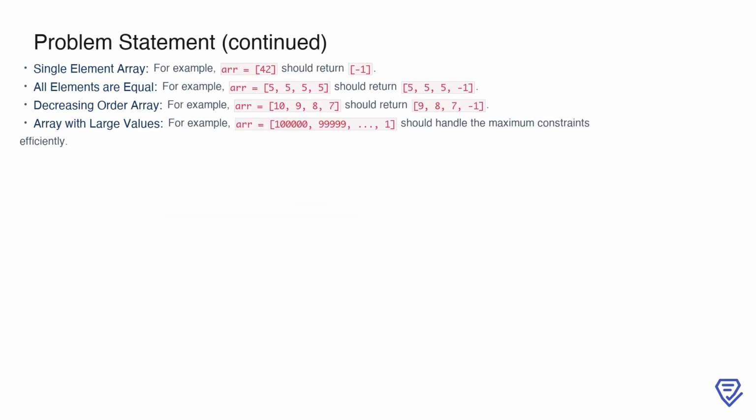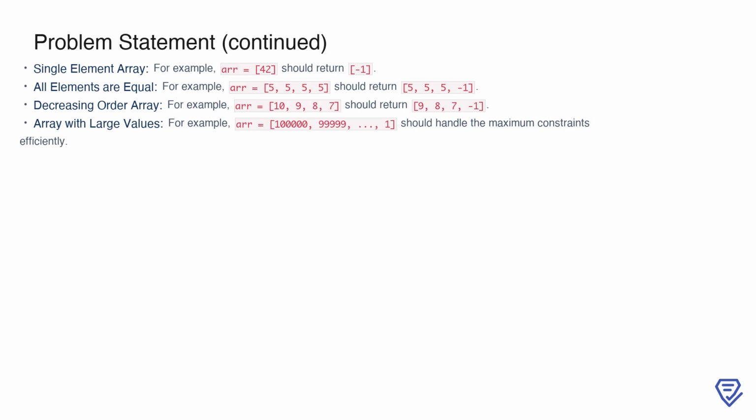Some edge cases to keep in mind include when the array contains only a single element. For example, if arr equals 42, the output will simply be -1, since there are no elements to the right. If all elements in the array are equal, such as arr equals 5, 5, 5, 5, the output will be 5, 5, 5, -1, because the replacement at each step will still be the same value until the last element.